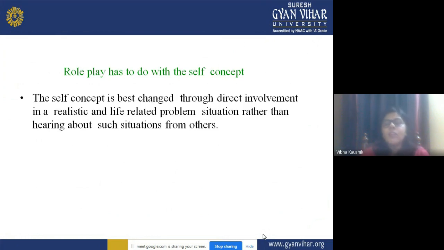There will be a total change of self concept only when that individual is directly involved, rather than hearing that this happens to someone and that happens to another person. No, that will not bring this change. The self concept will change only when the individual is directly involved in realistic and life related situations.